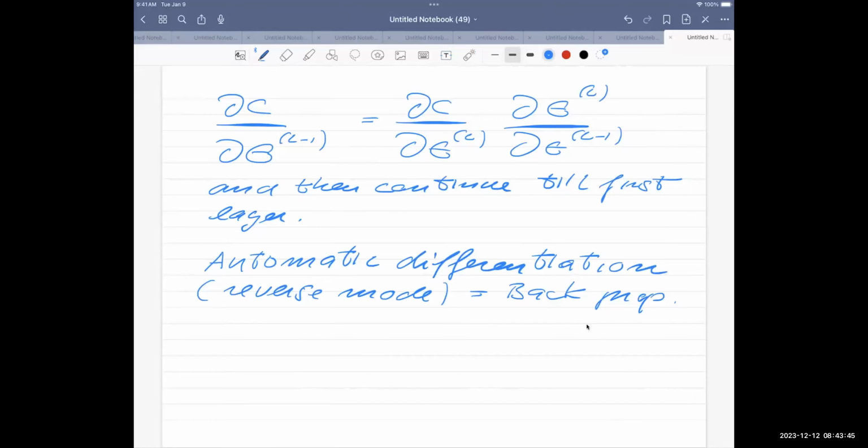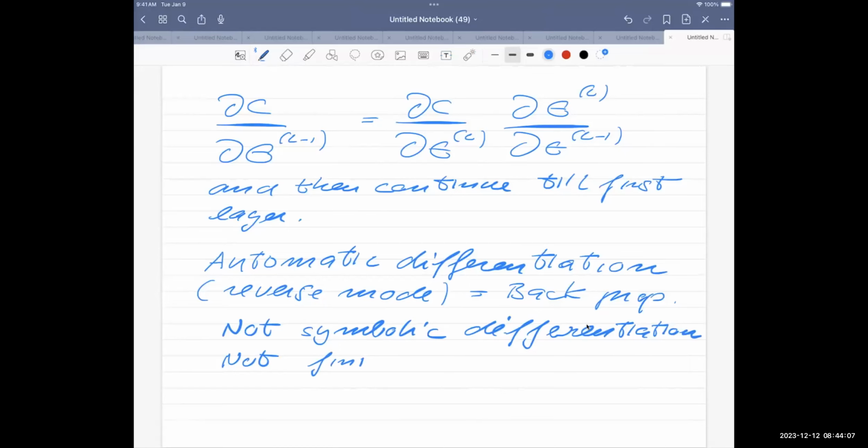So let's first say what it is not. So it is not symbolic differentiation. And it is not an implementation of finite difference calculations.